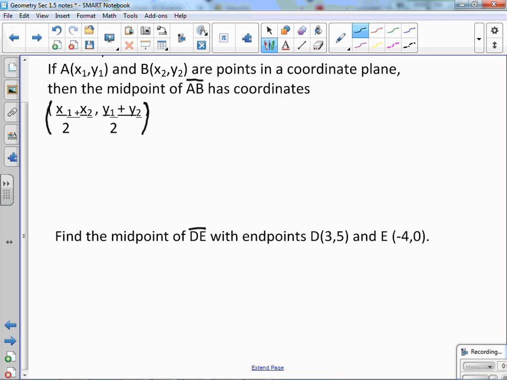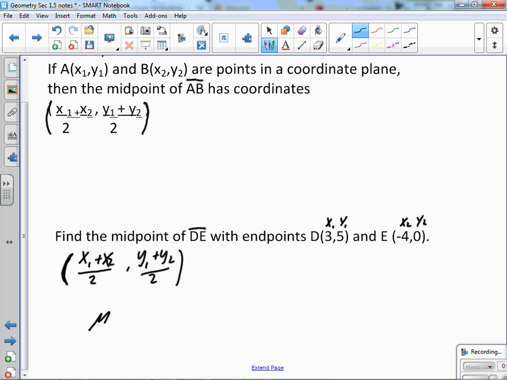So using that midpoint formula, x1 plus x2 divided by 2, and y1 plus y2 divided by 2. So D, we're going to call that (x1, y1), E, (x2, y2).